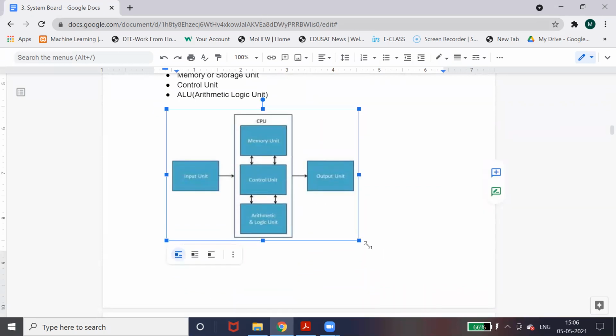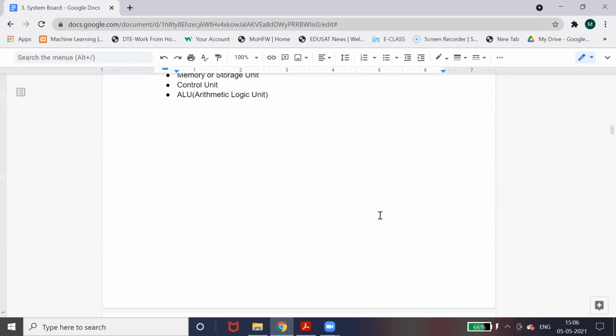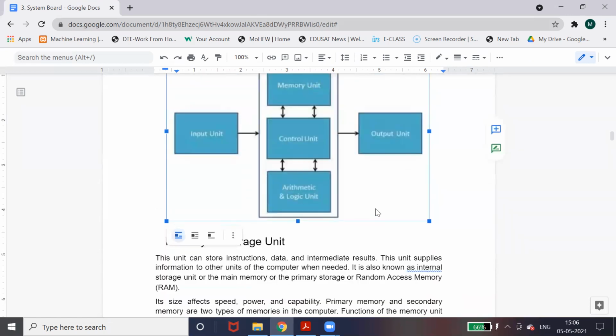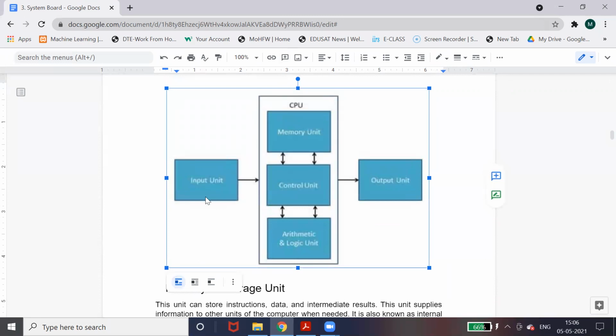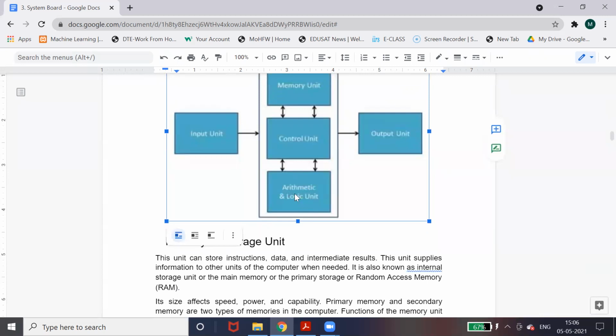Now let's see this diagram. This is a very typical diagram. In first year also you might have learned this picture. You can see here the input unit, memory unit, control unit, arithmetic and logic unit, and output unit. The input unit gives the input to the CPU. The CPU contains the memory unit, the control unit for controlling the data, and the arithmetic and logic unit for processing the arithmetic operations and the logical operations.